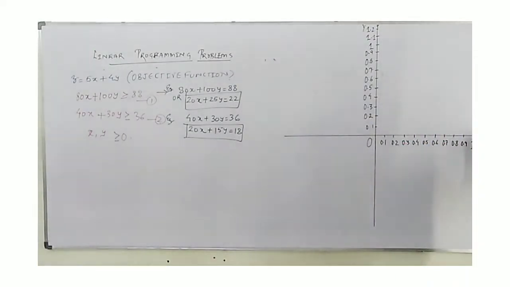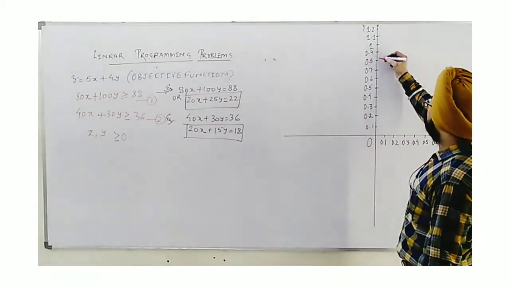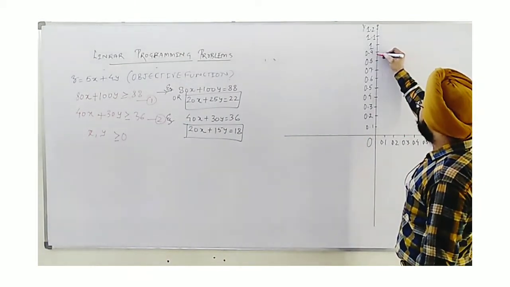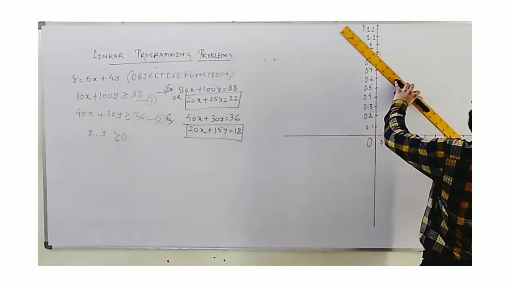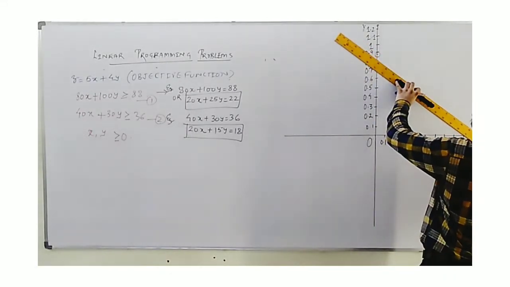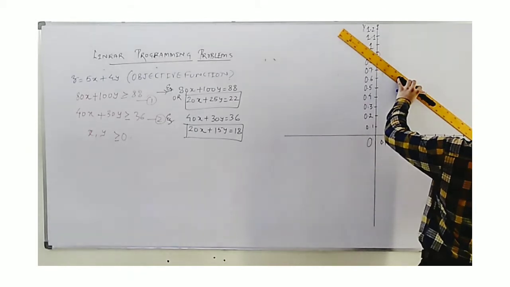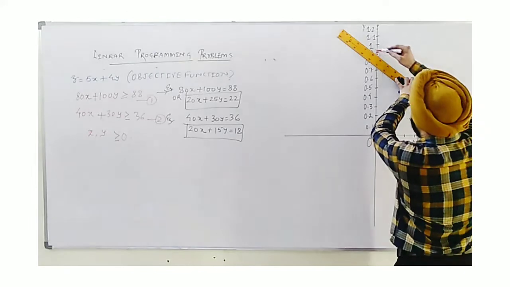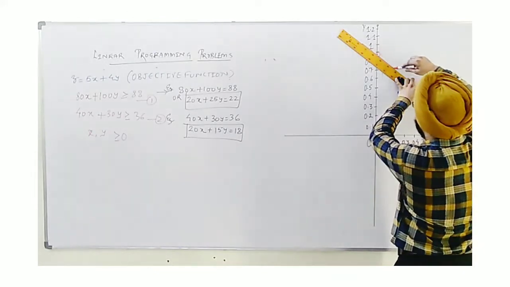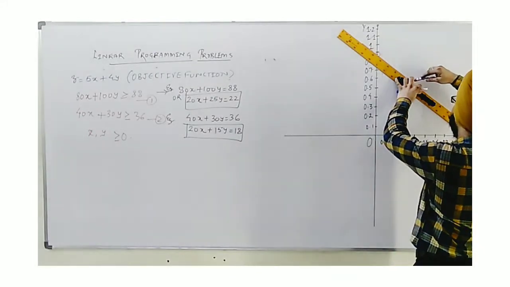And if I take x equal to 0, y is 0.88. It's somewhere here. So these 2 points when joined, we get the required line. As I said earlier, we need only the first quadrant, so only in the first quadrant.